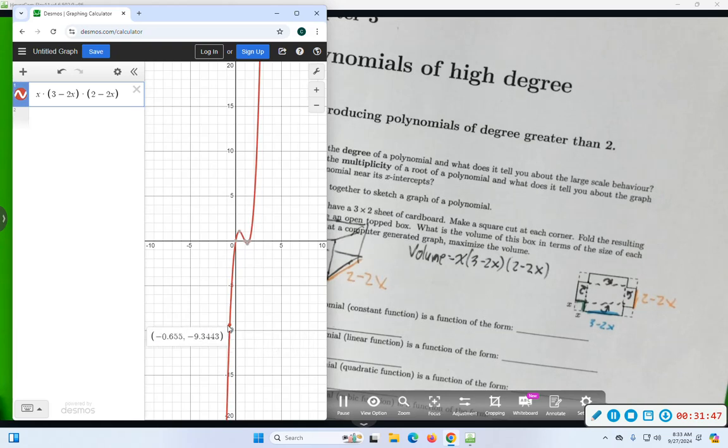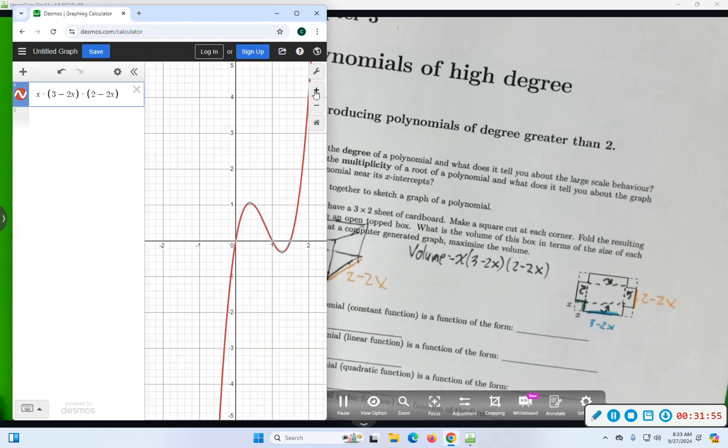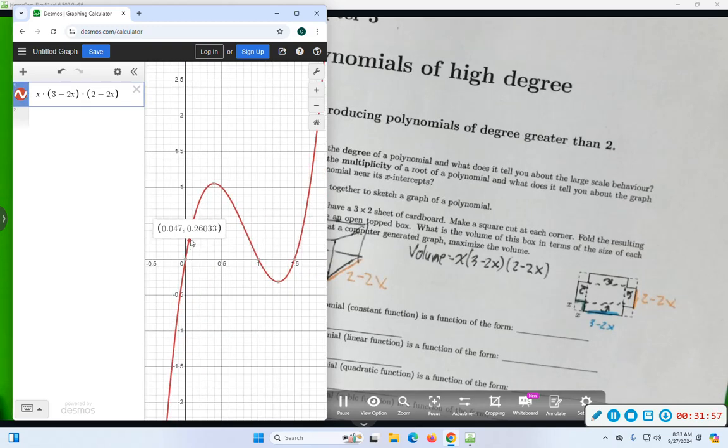Certainly if this y-coordinate is volume, I don't expect a negative volume, but x also can't be negative. I can't anti-cut out of the box. So you start making the cut, the volume goes up, it goes back down. Well, something weird happens when x is 1, the volume becomes negative for a bit. So what's the explanation there? Why is that not allowed?